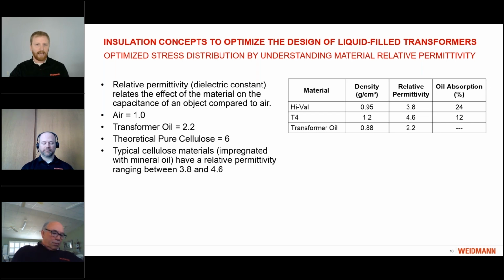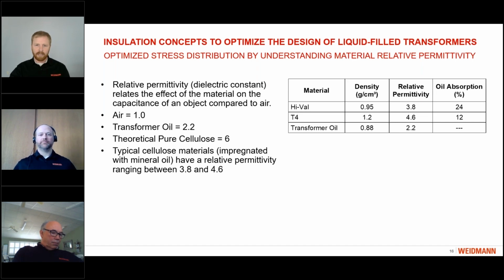So when we look at typical transformer materials, we have listed here a few different options. The low density material is High Val, shown here with an approximate density of 0.95 and a relative permittivity of 3.8, while the high density material, T4, has a higher density of 1.2 and also a higher relative permittivity of 4.6. Shown on the far right-hand side of this table is the oil absorption.